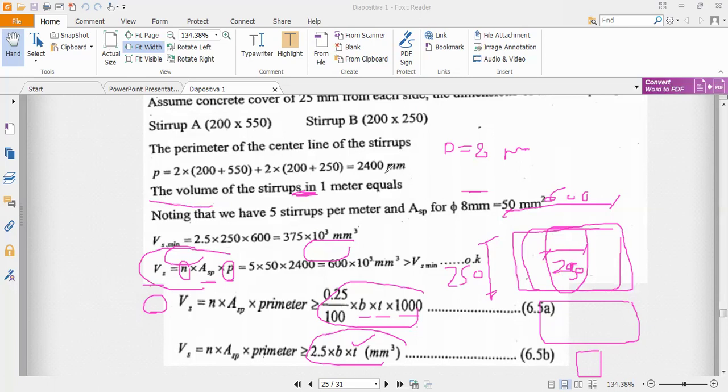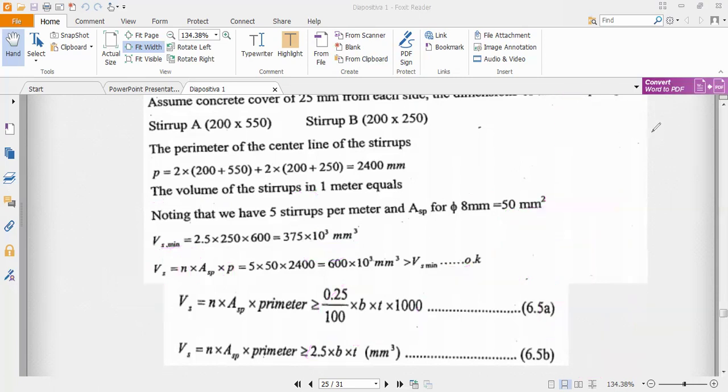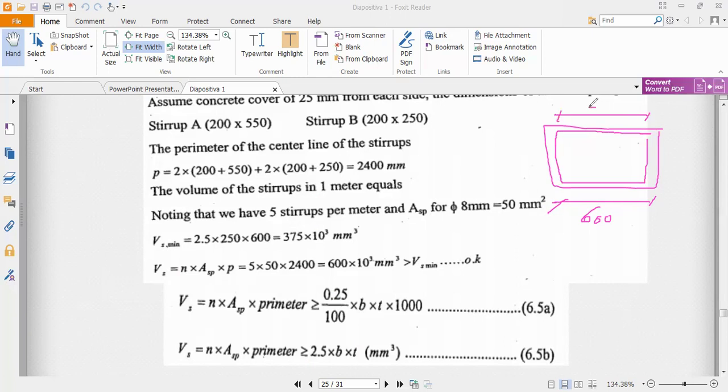How to get these parameters? It's easy. This is the column, 600, with two types of strips. These dimensions are 550 and 250, and the spacing is 200.